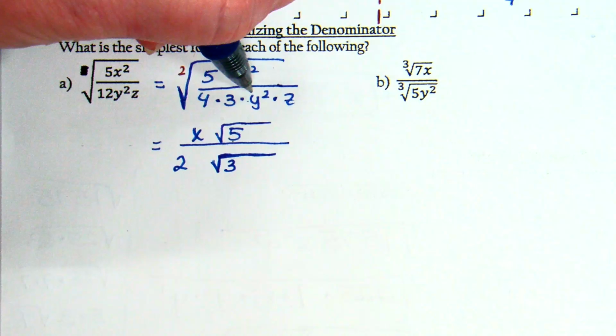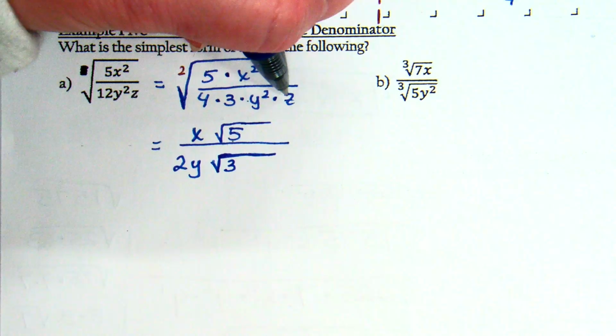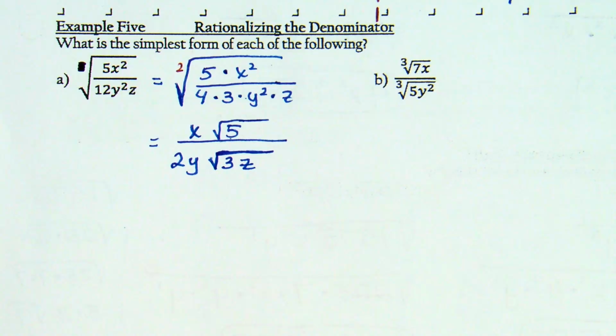Square root of y squared: 2 divided by 2 again makes it y to the first out front. Square root of z stays in the radical. Because I don't want my z's and 2's to be confused, that's why I put the bar on the z. If you have your way that you write them so you know what's what, that's fine. But okay, I have simplified all I possibly can.